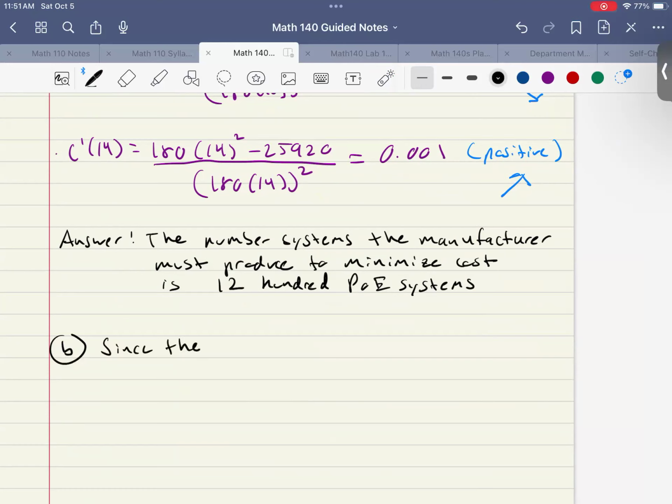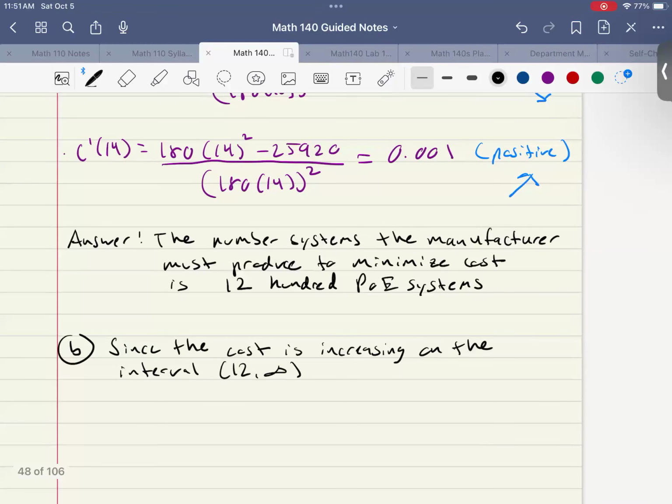Since the cost is increasing on the interval 12 to infinity, because we don't know exactly where it's stopping, then after 12, the cost will only increase.